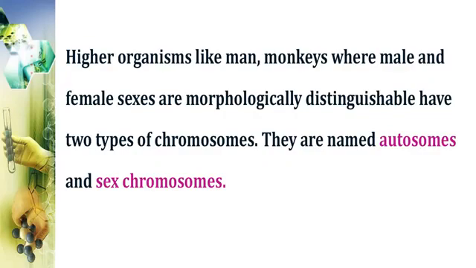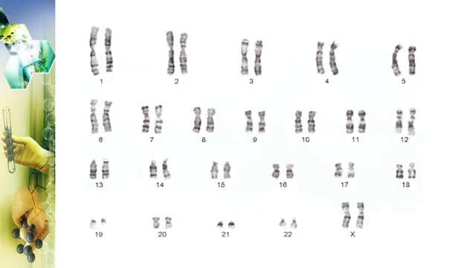Higher organisms like man and monkeys, where male and female sexes are morphologically distinguishable, have two types of chromosomes. They are named autosomes and sex chromosomes. The sex chromosomes are the X and Y chromosomes. For example, humans have 46 chromosomes, with 44 autosomes and 2 sex chromosomes.